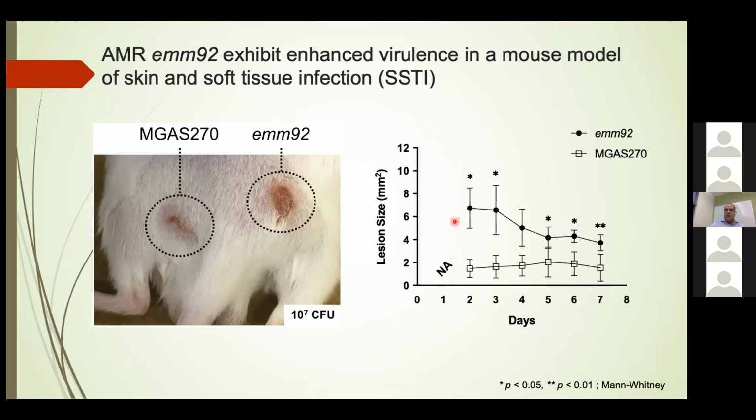And if we monitor this over the course of 7 days, you see a statistically significant difference in the size of the necrotic lesion, suggesting greater virulence and invasiveness on the part of the ICE-positive contemporary M92 strain.